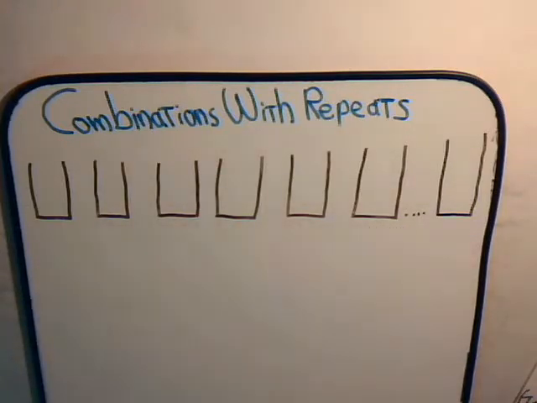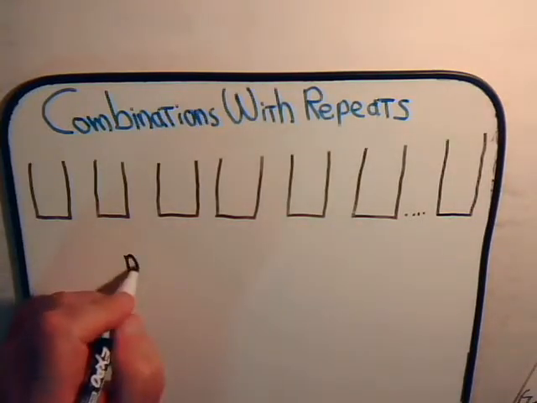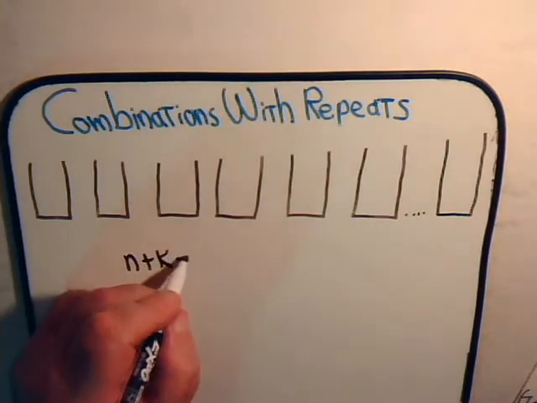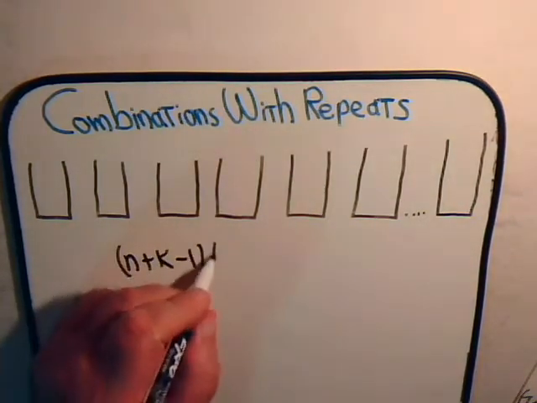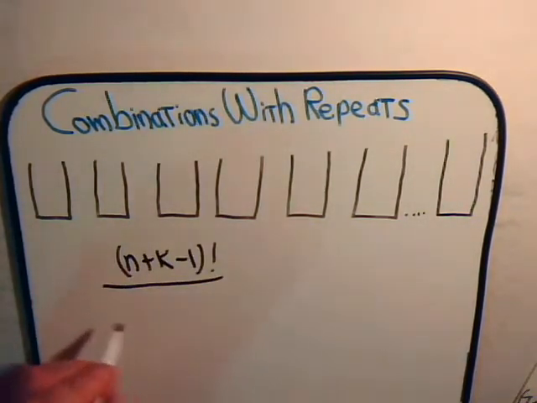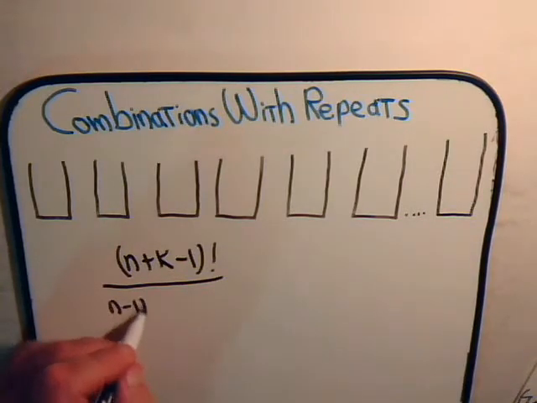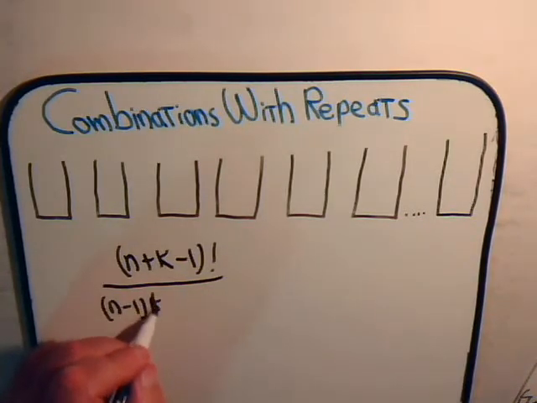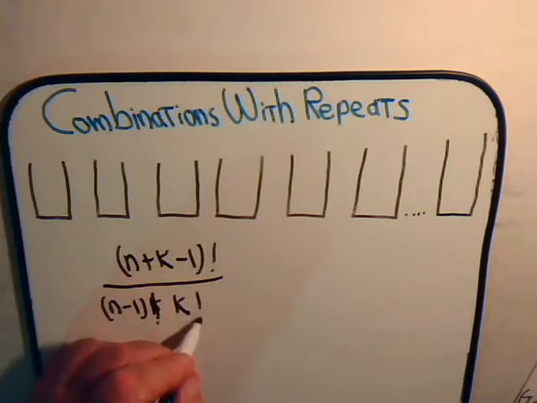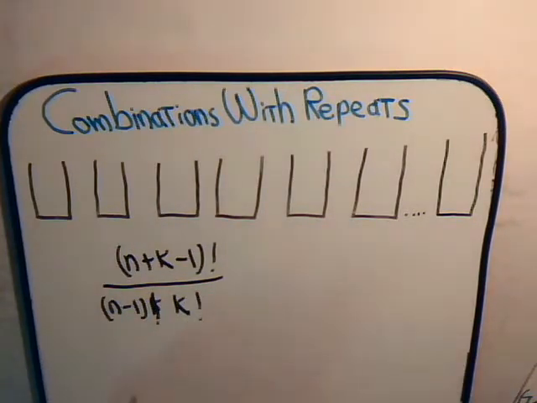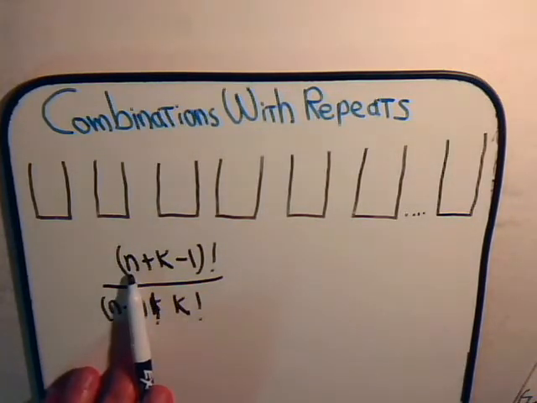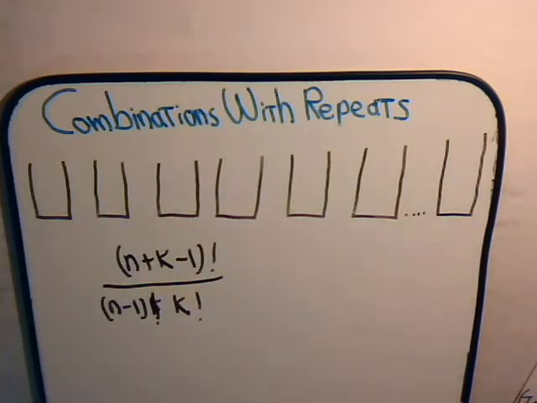And in the past video, we found out that the solution to that is this expression, where N is the number of crates that we're choosing from, or the number of flavors that we have to choose from.